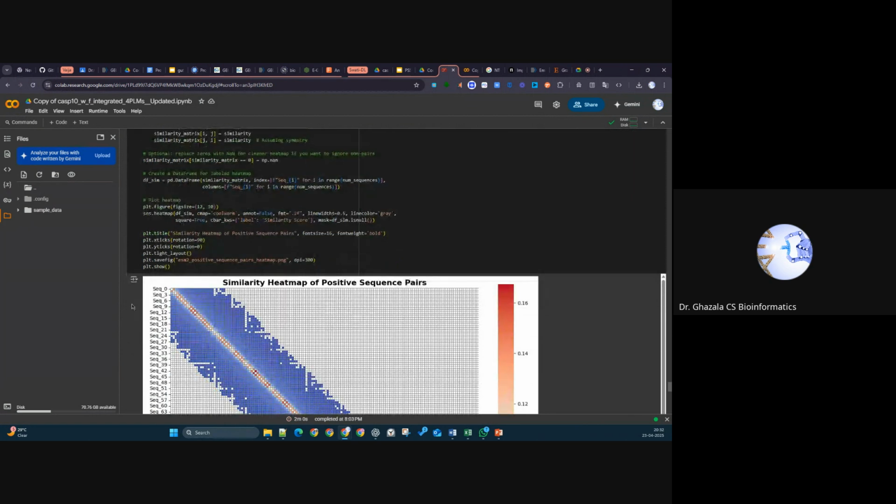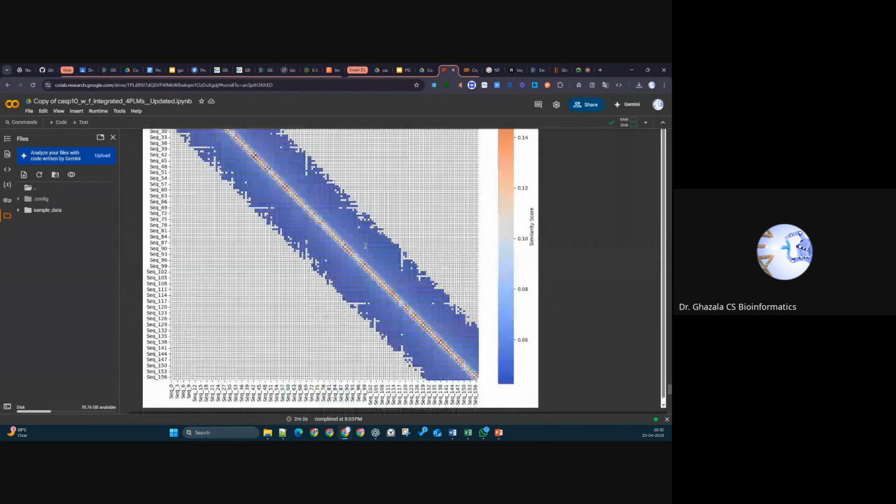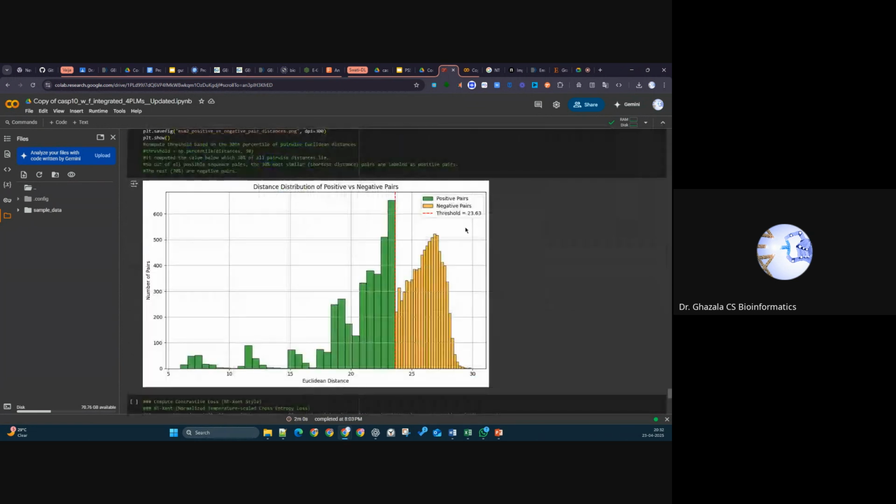Based on that, the model estimates the positive and negative pairs and adds the threshold value for it, depending on the percentile only, 30 percentile and 70 percentile of the data.